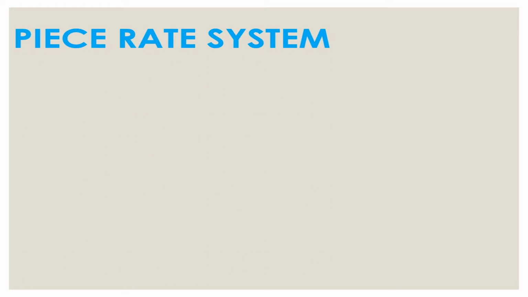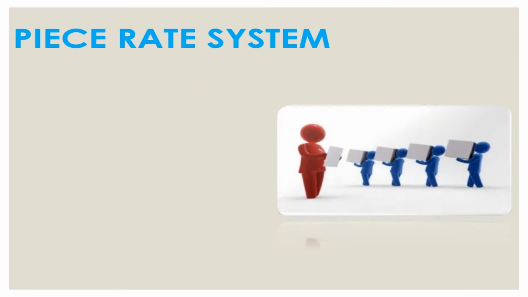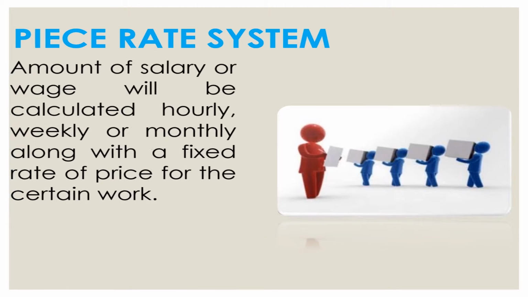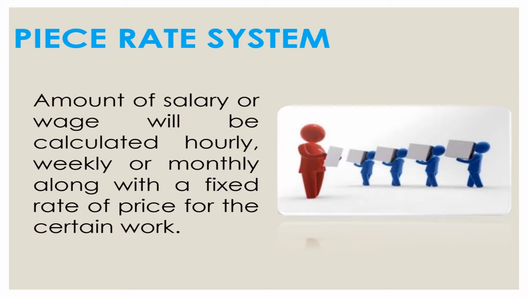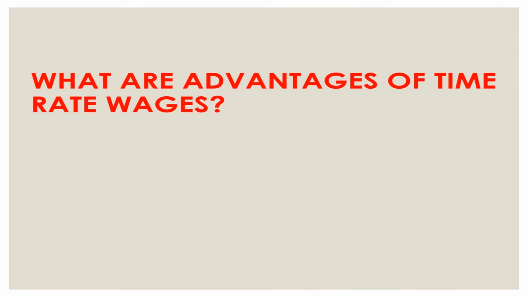Piece rate system. The time wage system is such a process of calculating salary of the employees, where the amount of salary or wage will be calculated hourly, weekly or monthly, along with a fixed rate of price for the certain work.